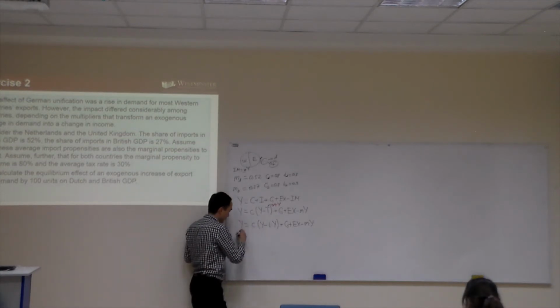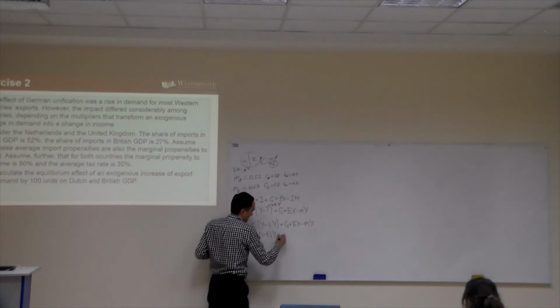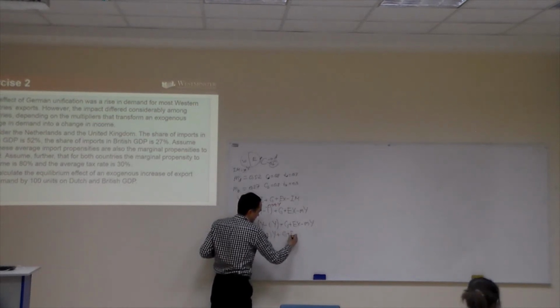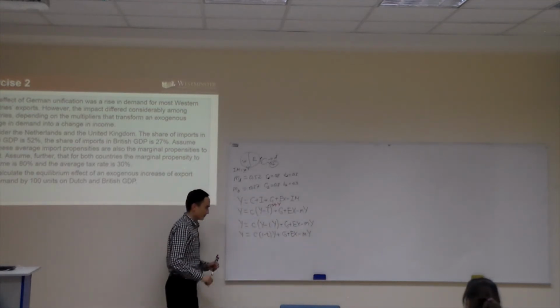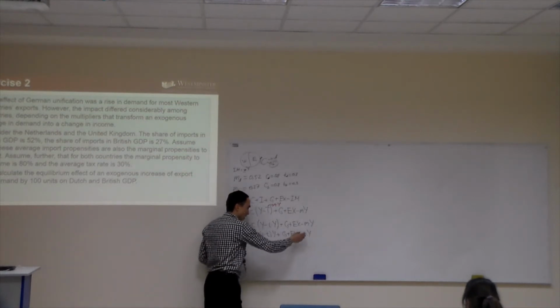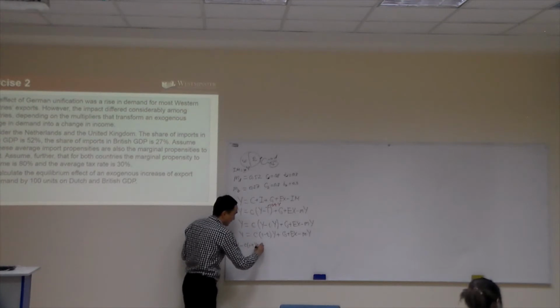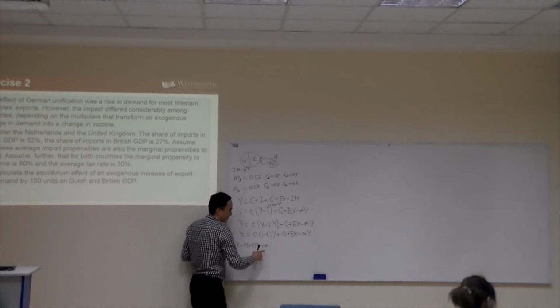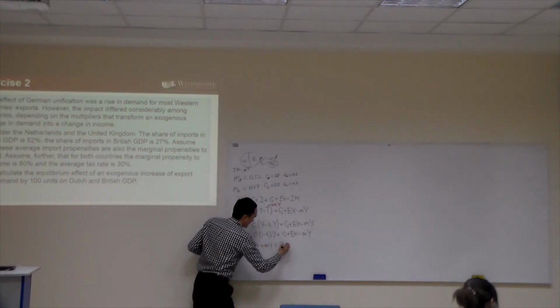So now we can write it as Y is equal to C1 times (Y minus tax rate times Y) plus G plus export minus import. If I take all these outputs on the left side, we get Y minus C1 times (1 minus t) Y plus marginal propensity to import times Y is equal to government spending plus export.